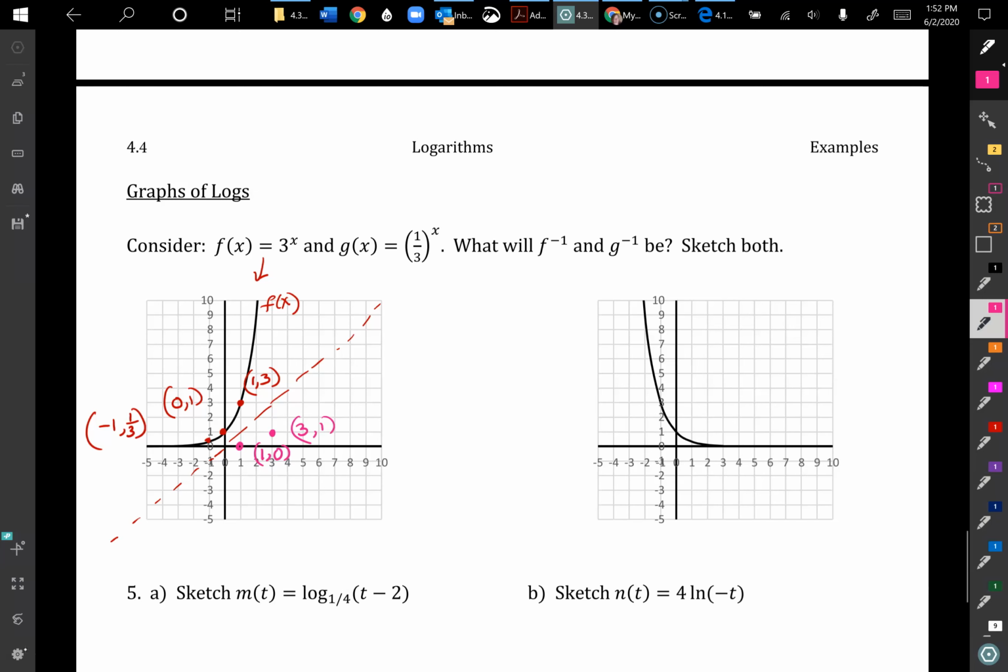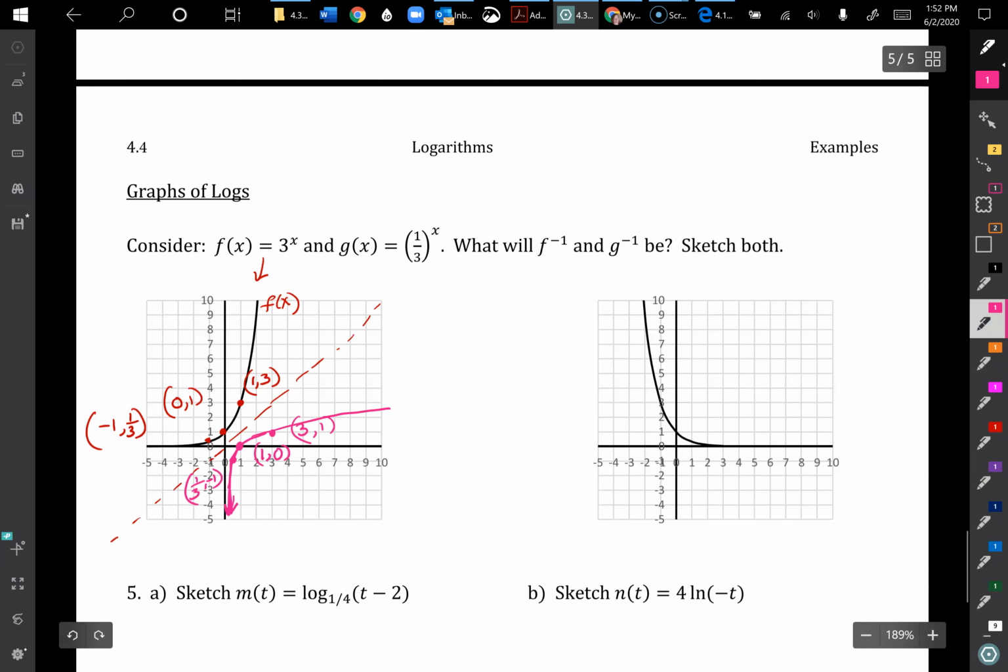And then we also want 1/3, negative 1, which would be right about here. Okay, and I know I'm going to have to approach this axis to be symmetrical over y equals x.